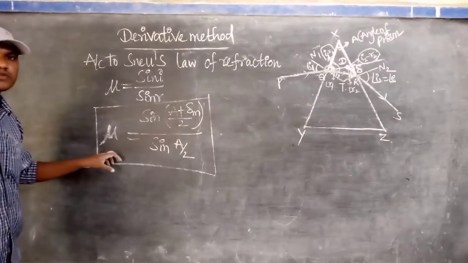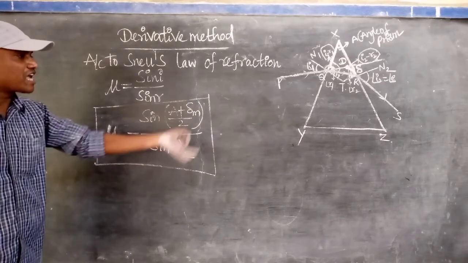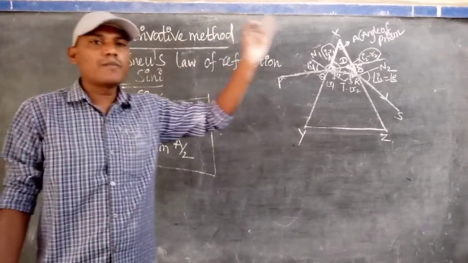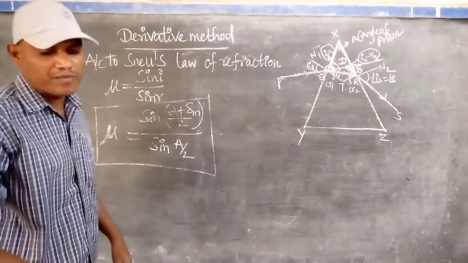This is the method to find the refractive index of the prism. This is the derivation. After this, we can write that by using the above formula, we can find the refractive index of the prism after substituting the angle of the prism and the minimum deviation angle.